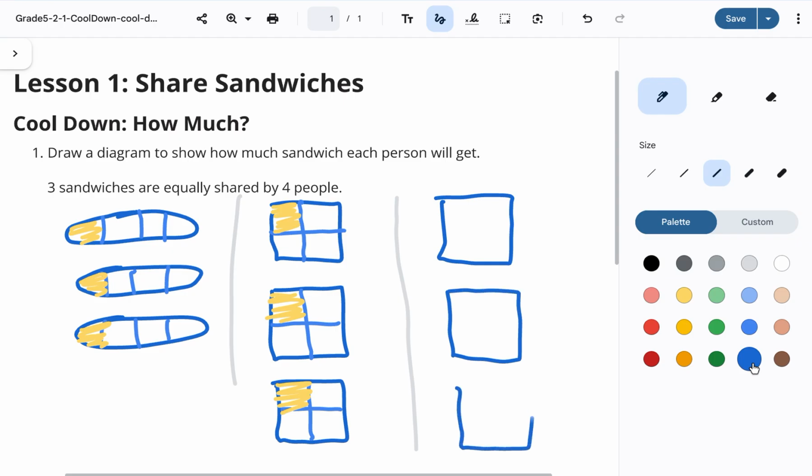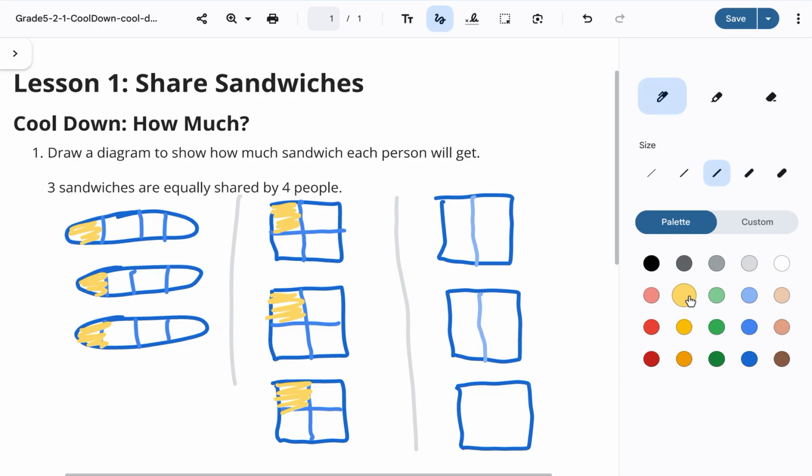Sometimes as students, we will picture this and instead of thinking about each of the 3 being equally divided and then capturing 1/4 of each, sometimes students will say, okay, well, if this is 3 sandwiches being shared by 4 people, then right from the bat, I could go ahead and divide the first 2 just into halves.